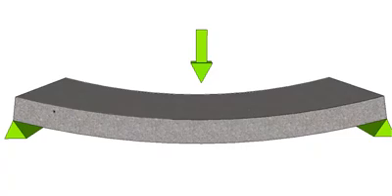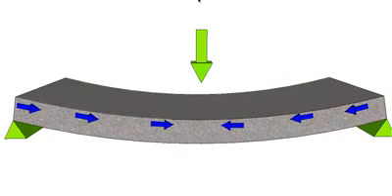Because it's now a concave shape, the top of the slab is actually compressed by the load, and the bottom half of the slab is now in tension because it's actually been made longer.